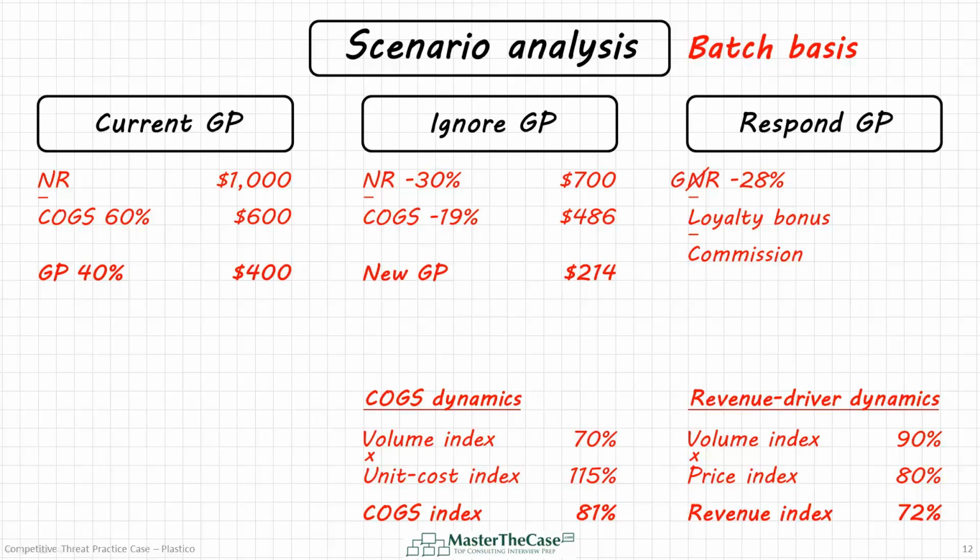Specifically, the volume index of 90% times the scenario unit cost index of 105% results in the COGS index of close to 95%, implying a 5% total COGS decline. So let's plug that into our scenario logic.